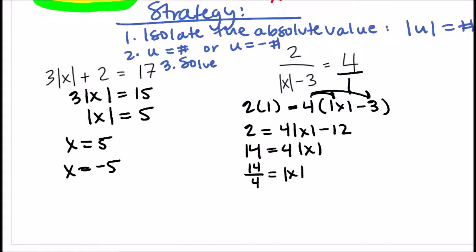Okay, and now finally I have absolute value of x equals 14/4. So either the thing on the inside could be 14/4, or maybe it could be negative 14/4, and the equation would still be true. Okay, so that's how we're getting two solutions to these equations.